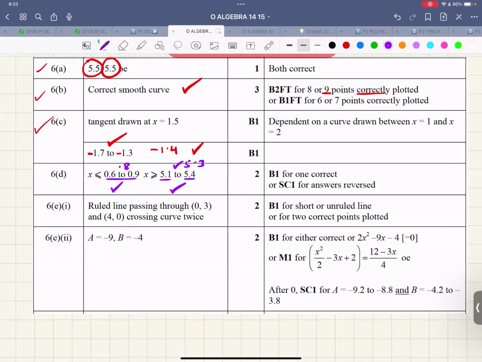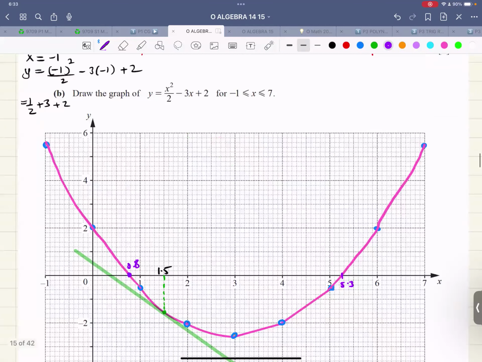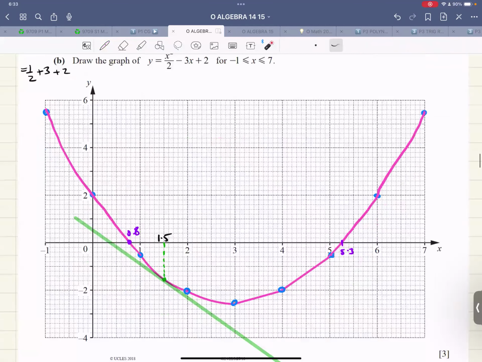I hope you all are following exactly what we are doing. We solved an inequality based upon a graph. So we looked at the region. We talked about the values of x for which the y value is positive. Y value positive means above the x-axis. Okay, so let me write it over here.